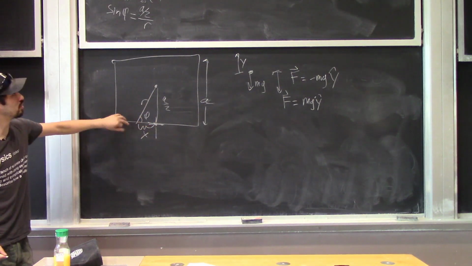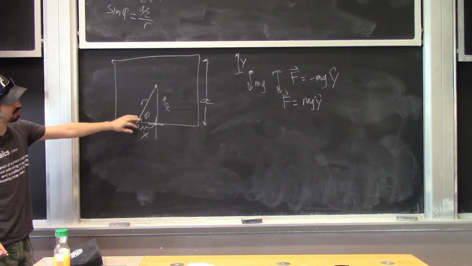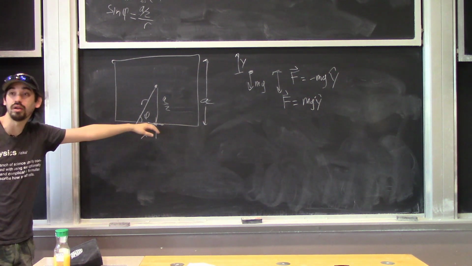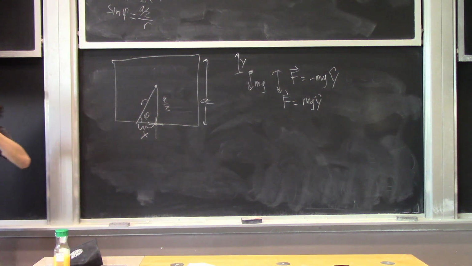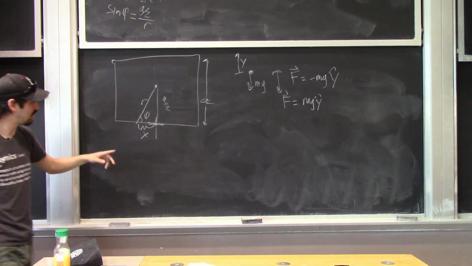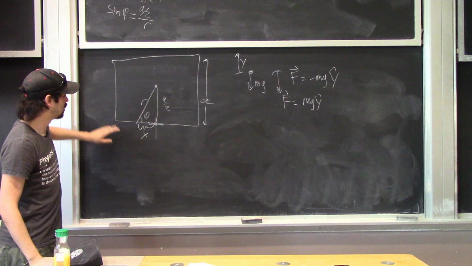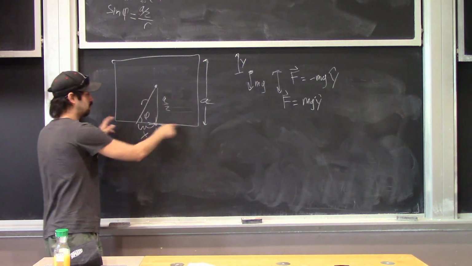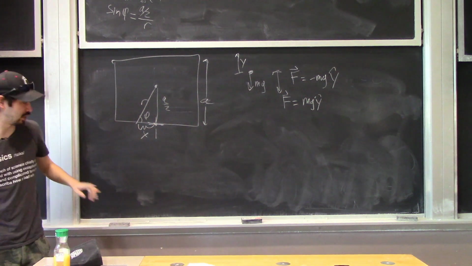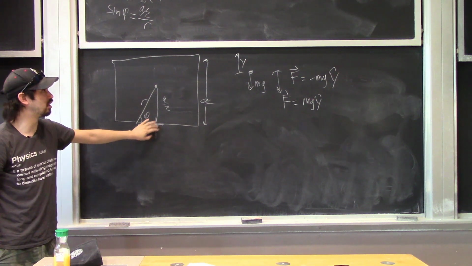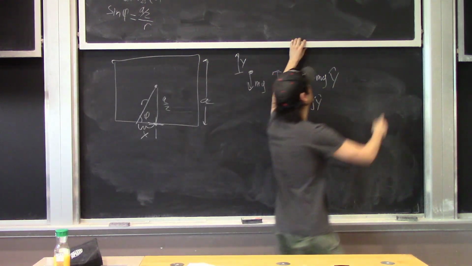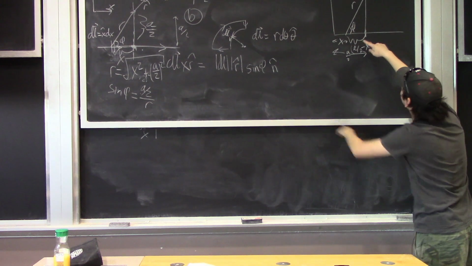So, like I said, you could define x to be 0 really anywhere you want. There are 2 places that are particularly advantageous: one is to put it at the corner, the other is to put it at the center of the wire. And the reason why I think it's better to do it at the center of the wire is because it simplifies what this length is here.